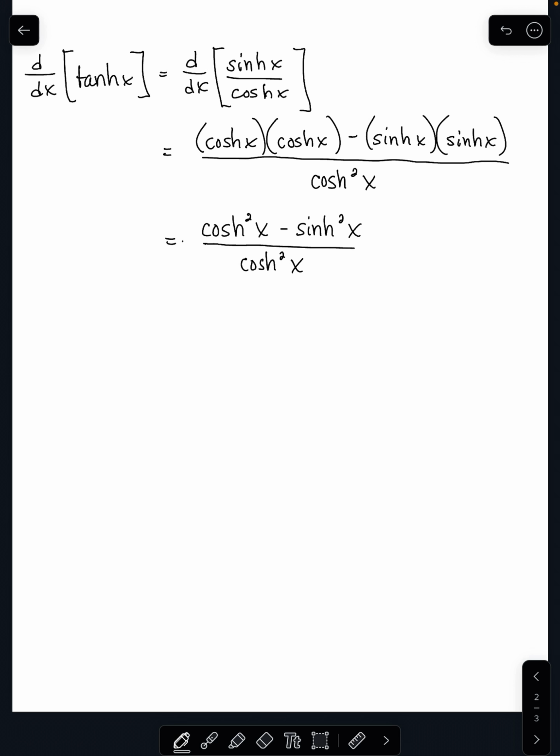For trigonometric identities, if we had cosine squared plus sine squared, we'd be able to use Pythagorean identity. But for hyperbolic functions, remember, we're looking for minus. Hyperbolic cosine squared minus hyperbolic sine squared is the equivalent of the Pythagorean identity and is actually just equal to 1.